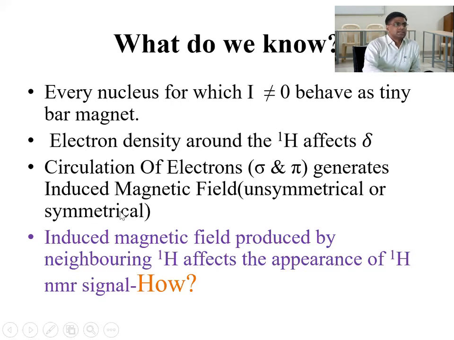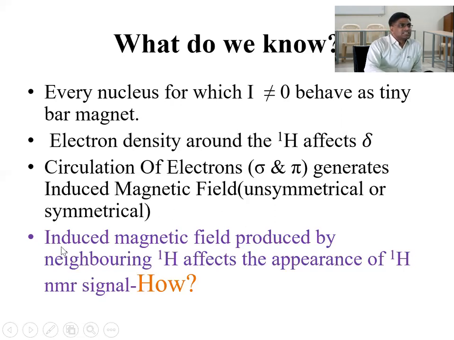In the case when electrons circulating around the protons generate two types of magnetic moment, diamagnetic and paramagnetic, then such an induced magnetic field is called unsymmetrical magnetic field. This point is clear?